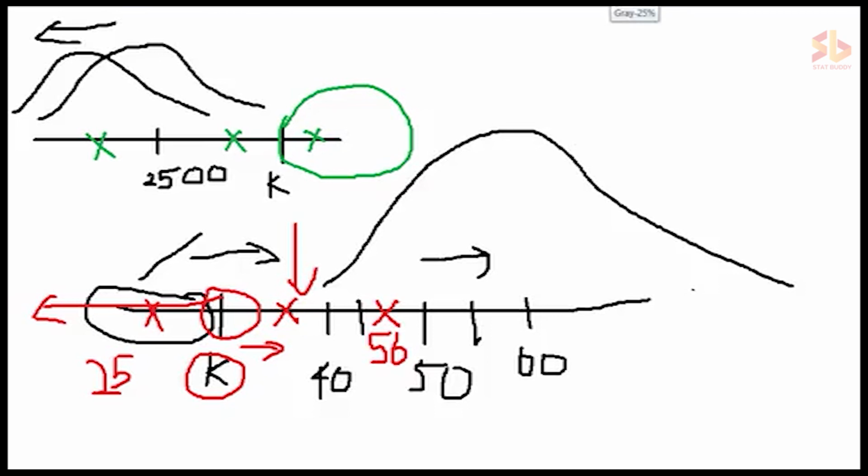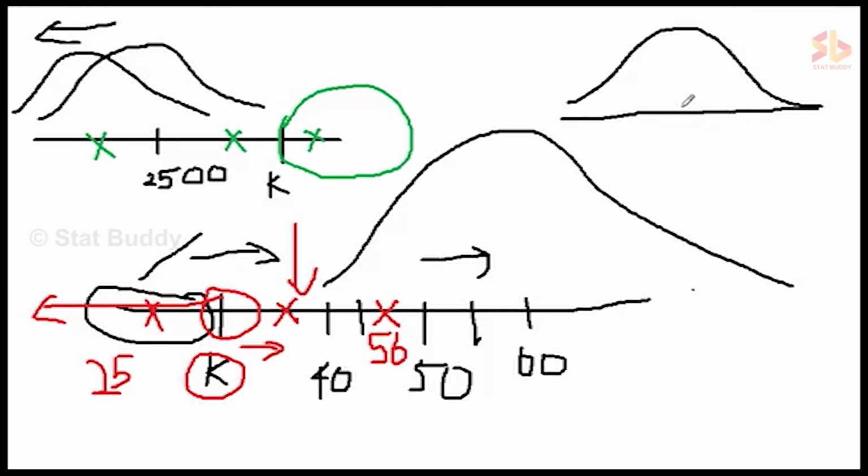And that probability or p-value is like this. Suppose for the same example, we are assuming that this is the distribution, and if H naught is true, the greatest possible value for mu when H naught is true is 2500.